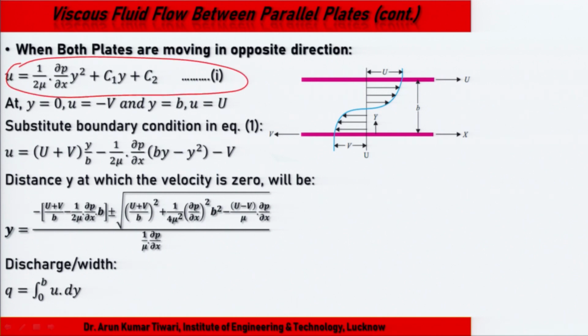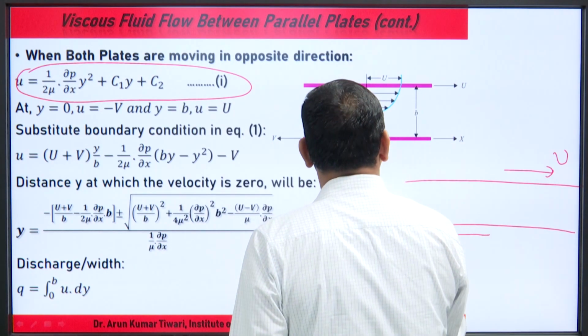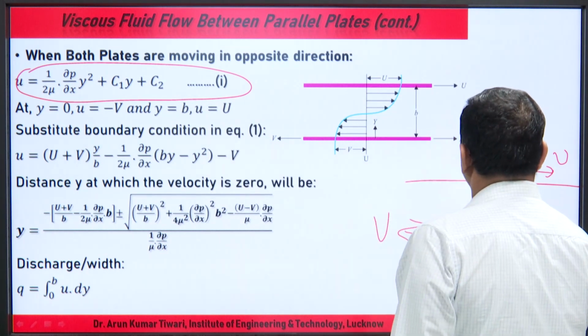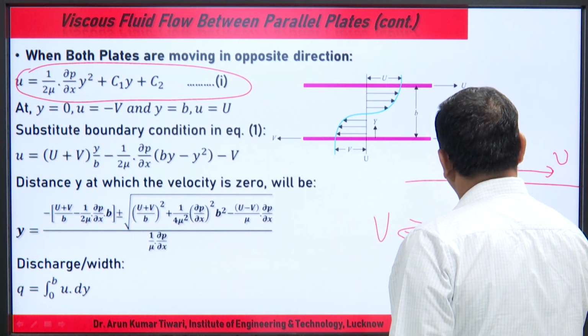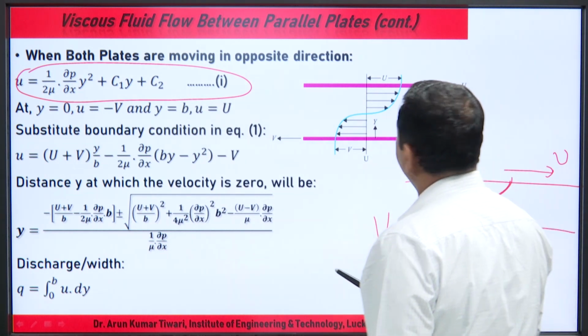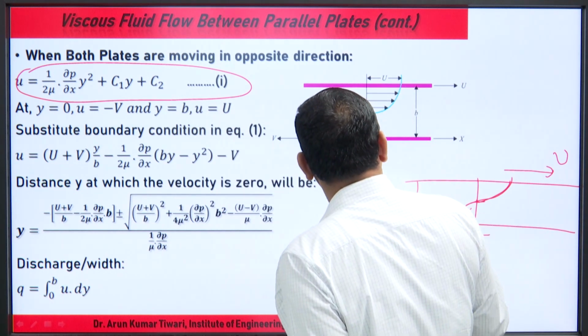And what is the boundary condition? One plate is moving with velocity U, and the other is moving with velocity V in the opposite direction, some fluid like this, another like this, with gap b.